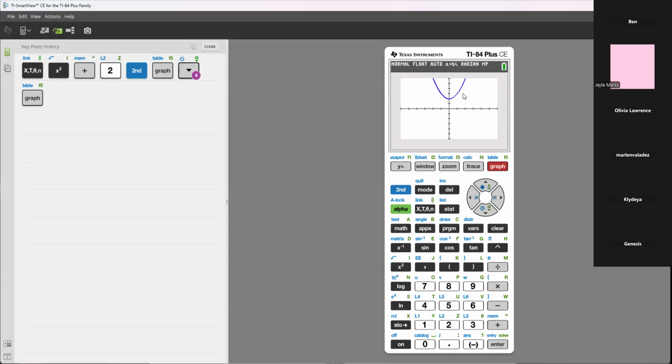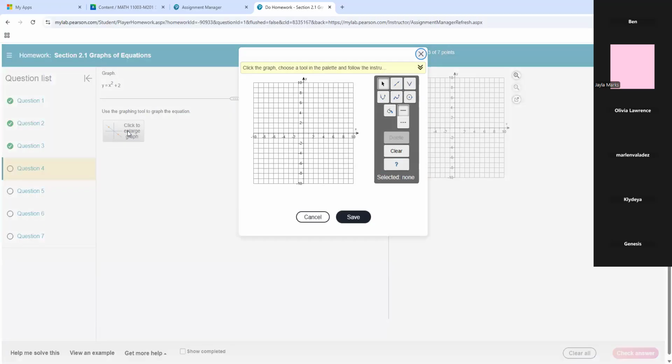So it's going to look like a positive U-shaped parabola there, okay? So let's go plot that in MATLAB. Click to enlarge graph. Second row, you want the 3-point quadratic tool. Click that.